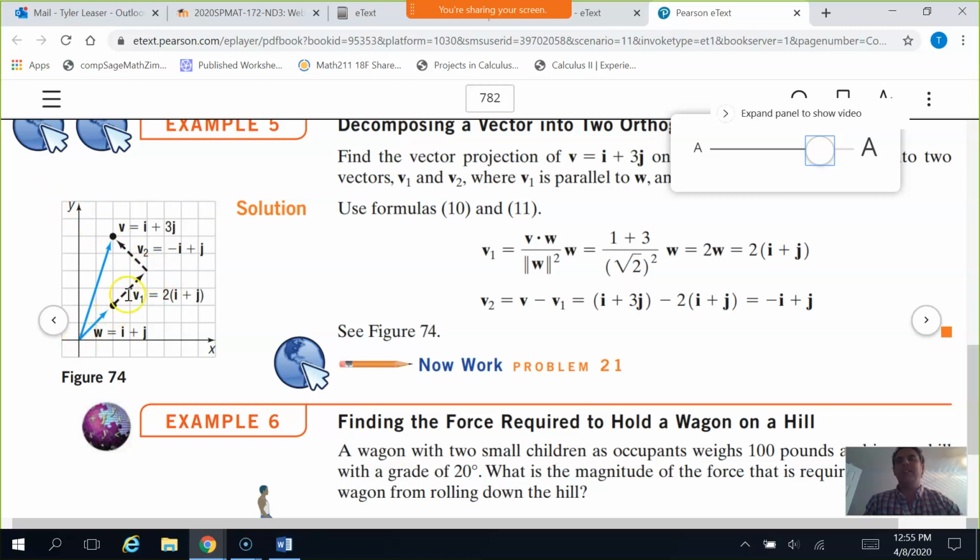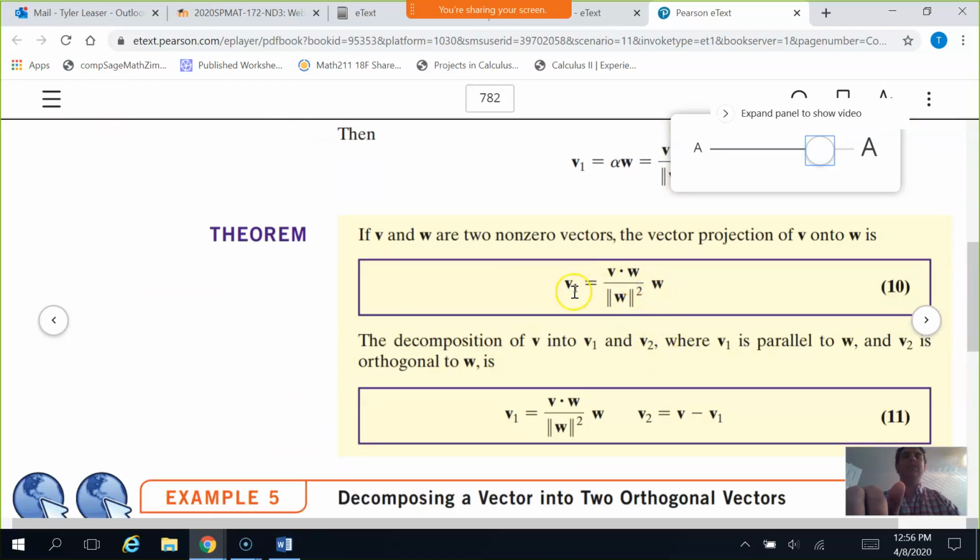V1 is parallel to W because it's going in the same direction. It's just a little bit longer in this example. And we're also going to have another vector here, orthogonal to W, V2. It's these two things that we're trying to find as an answer. And to do that, you're just going to find the vector projection of V onto W using this formula.